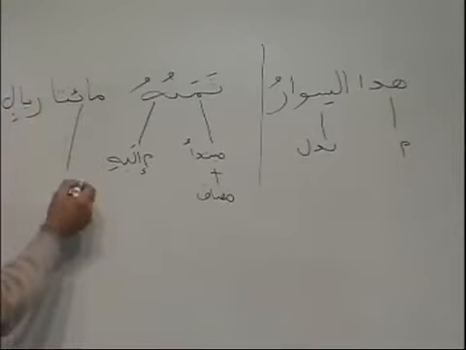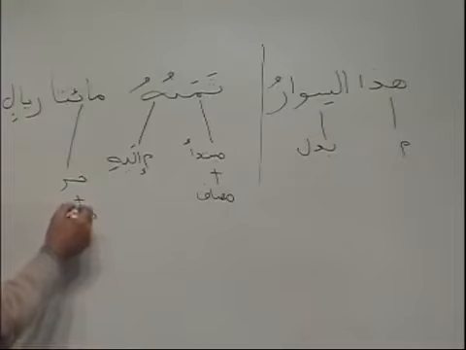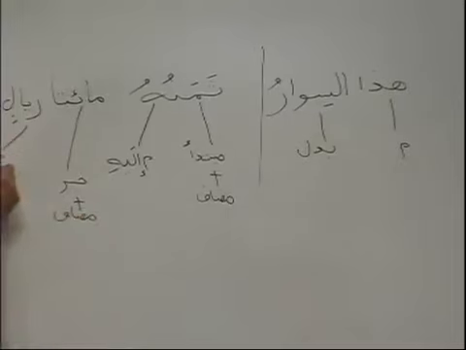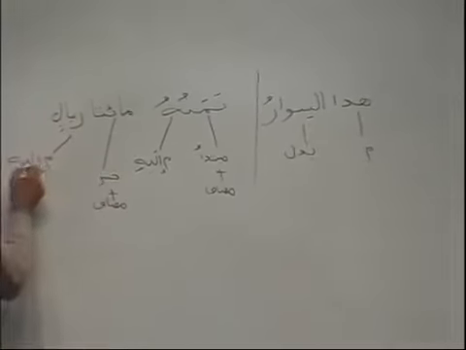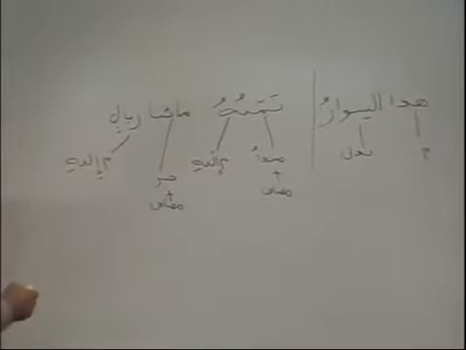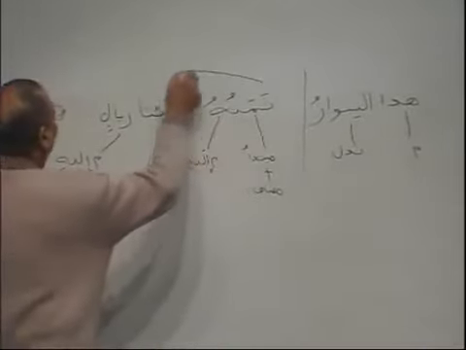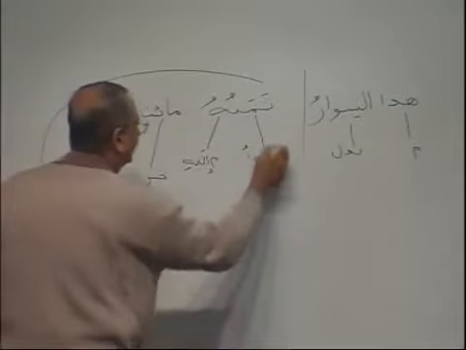This miyata is your khabar, plus it is mudaf. And this is mudaf ilayhi. Are you with me, brother and sister? Now this whole sentence, what kind of a sentence is this?